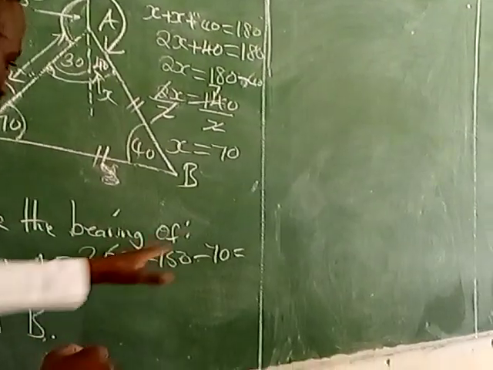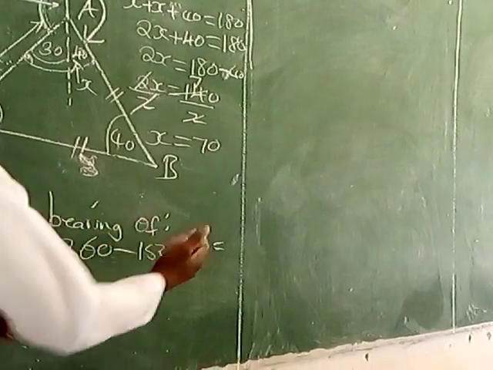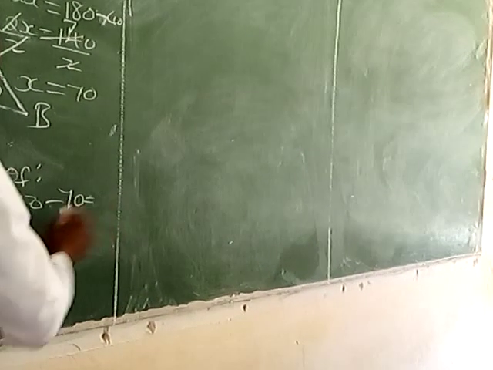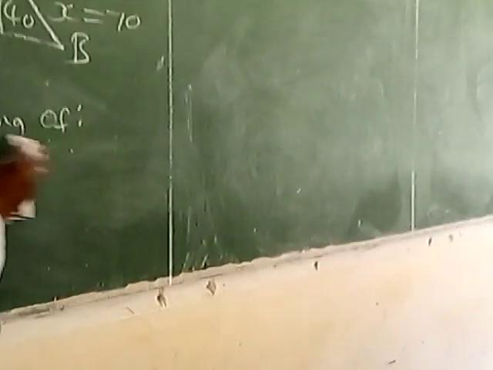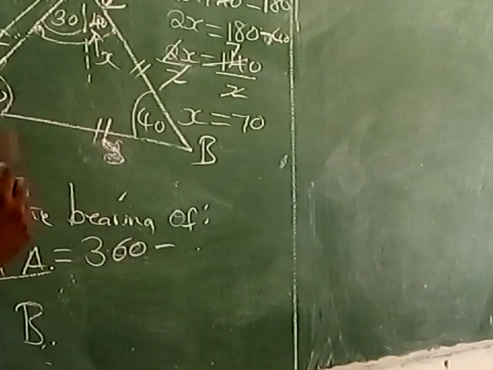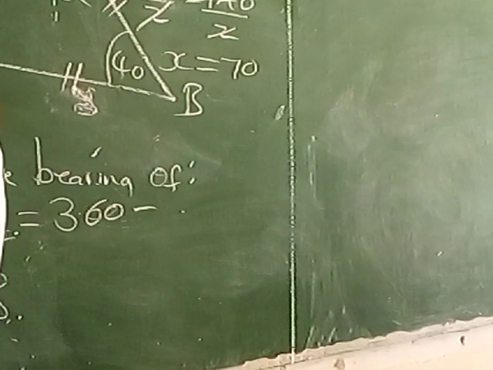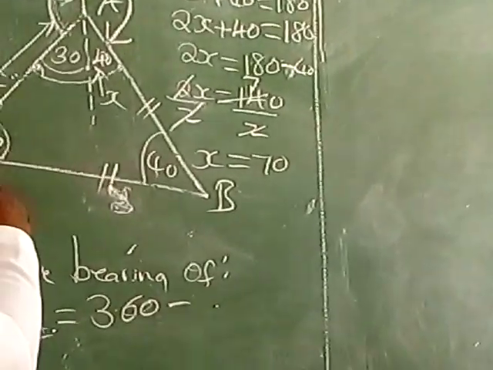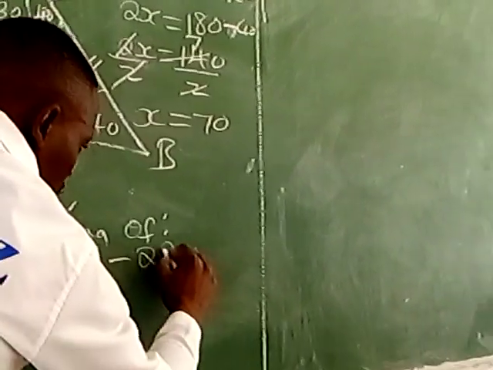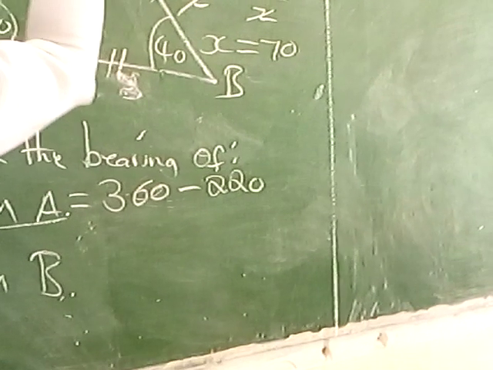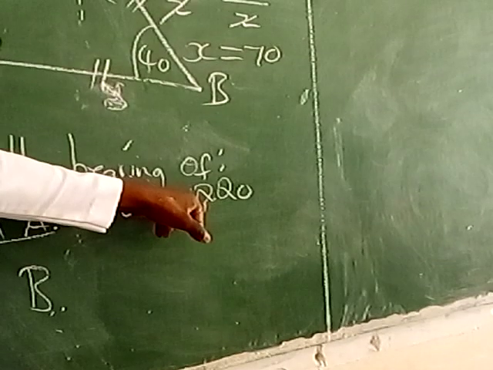So what will be the difference? 140. That's 140. Okay, so let me do this. So of course we're going to 360 degrees. Take away what is 150 plus 70? This will be 220. 220, correct. So 220. We've added the 150 and the 70 because these two we don't want them, and of course it's giving us the 220.